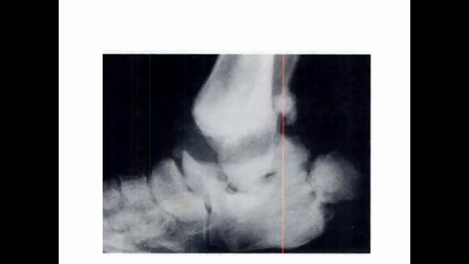And here is the neuropathic joint, or the Charcot joint, in which you find increased density, destruction and deformation, and disorganization of the joint. In diabetics, or indifference to pain, or tabes dorsalis, any of these can produce a neuropathic or Charcot joint.